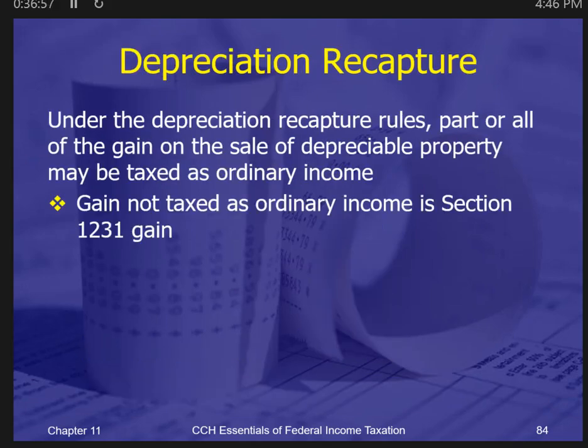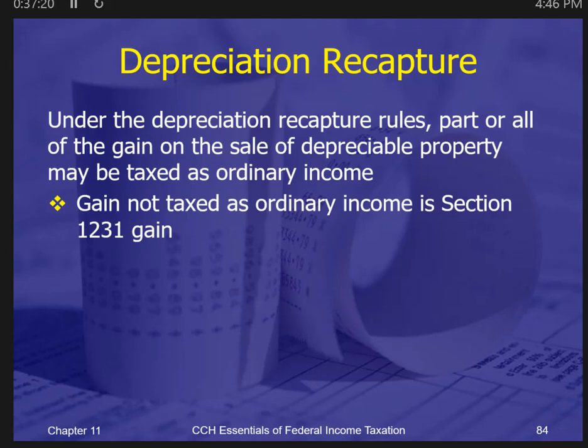Okay, exception number one, problem with these Section 1231 gains if it's depreciable property. All right, so we're talking about anything other than real estate, anything that you have depreciation on. To the extent of your depreciation, you have to recapture it as ordinary income.